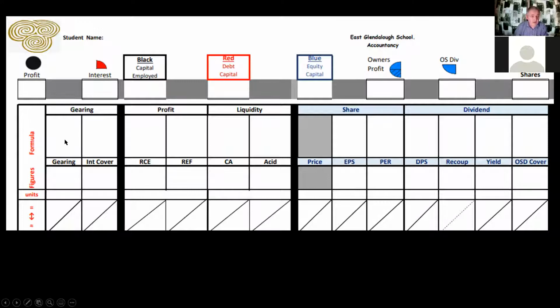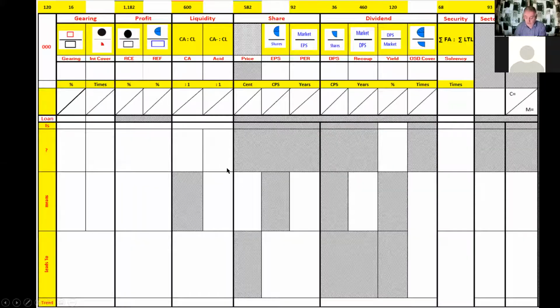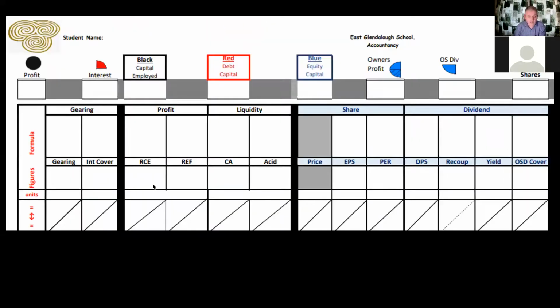There's a space there drawn so that you can draw your formula or write out the words of your formula. There's a space here where you can write down the units of your formula. There are spaces up on top where you can write down those key numbers that you're going to need later on. So there's a space here for you to write those numbers into the formulas.